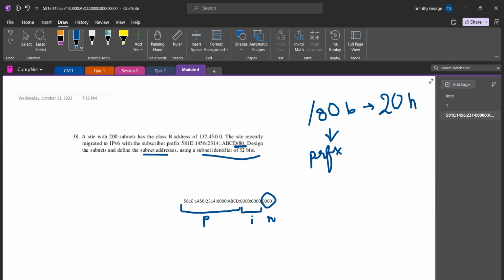Right. So to identify the addresses, you would need to change this, right? And how many addresses would you need? So you need 200 subnets. So would one of these bits be enough? 2 raised to 1 will already give you 2.